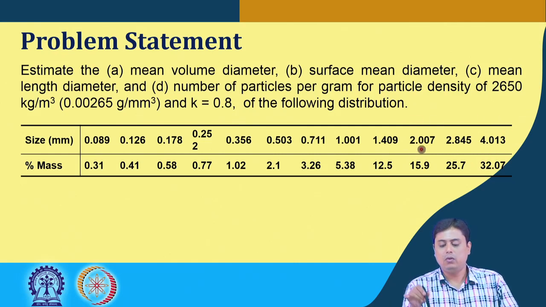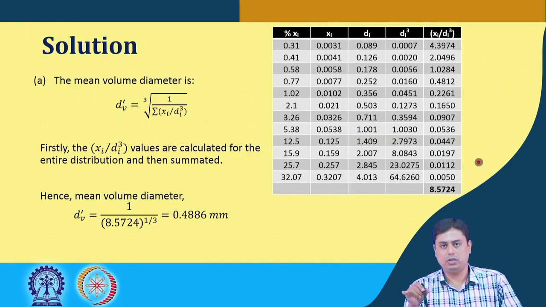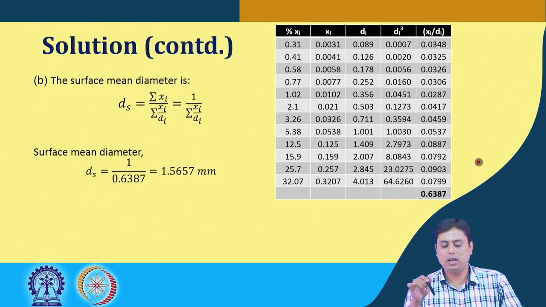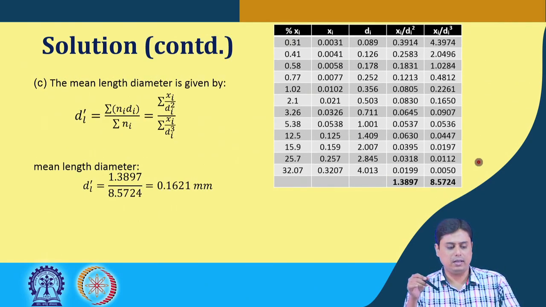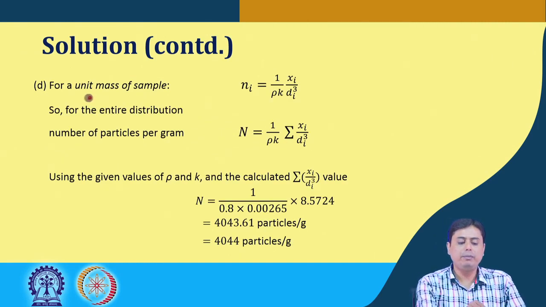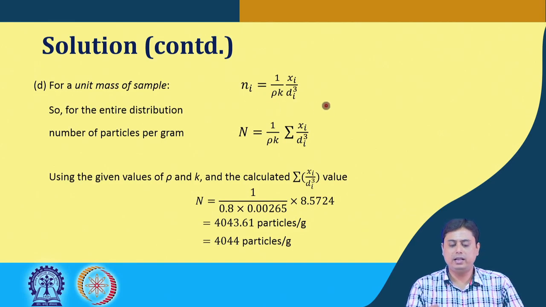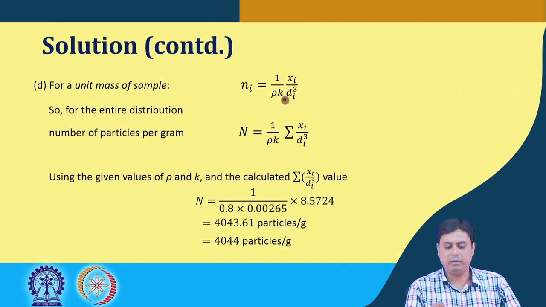That means again we are linking this mass distribution with the total number distribution. If you remember this expression, for unit mass of sample, this is the relation between n and x, where rho is the density and k is the shape-dependent factor, which is 0.8 here.